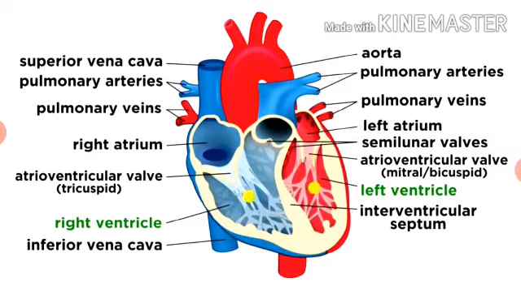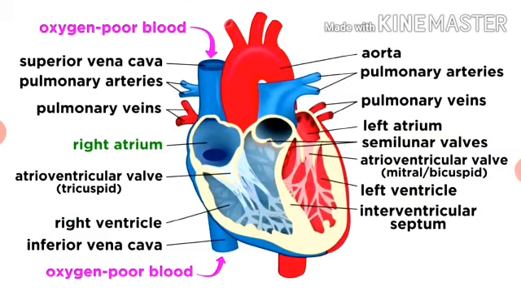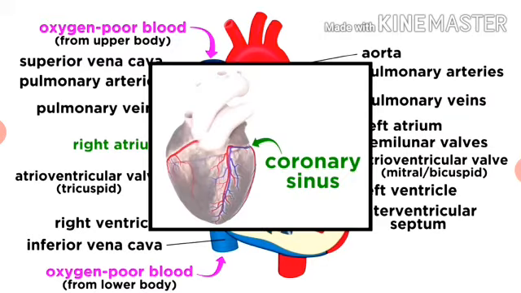Oxygen-poor blood arrives at the right atrium by three different veins: the superior vena cava, which delivers blood from the upper part of the body, the inferior vena cava, which delivers blood from the lower part of the body, and the coronary sinus, which collects blood drained from the myocardium.